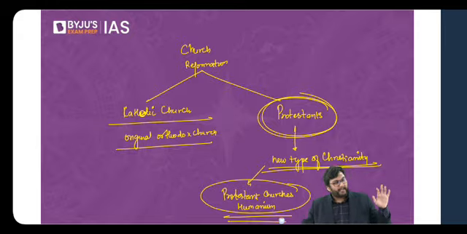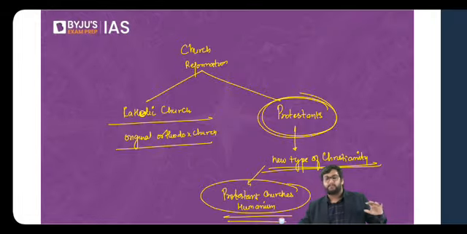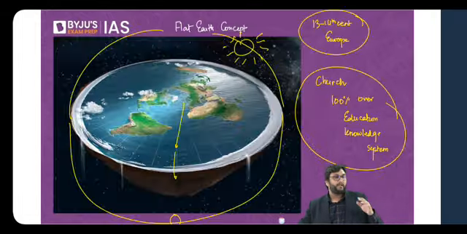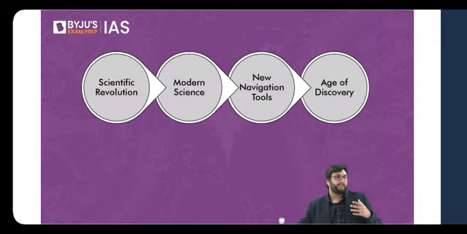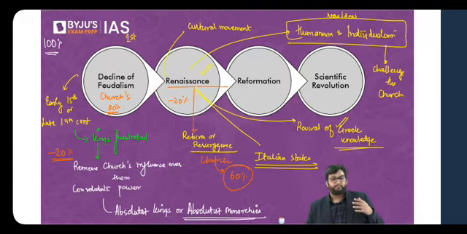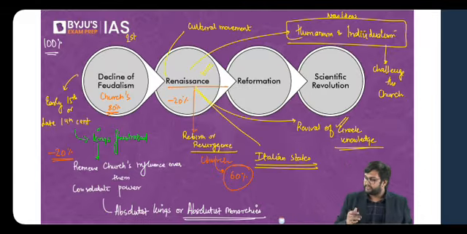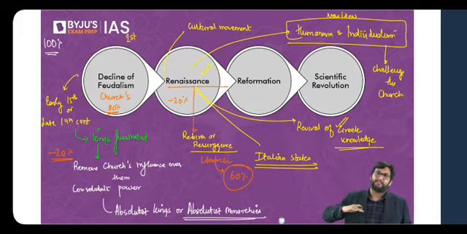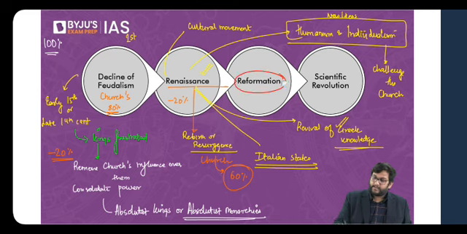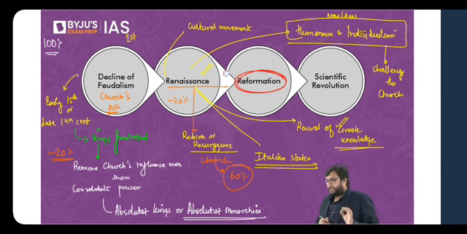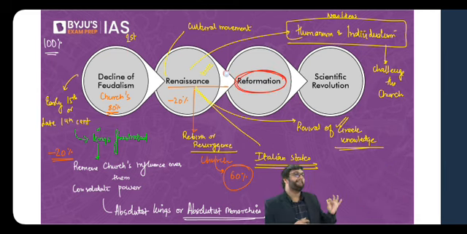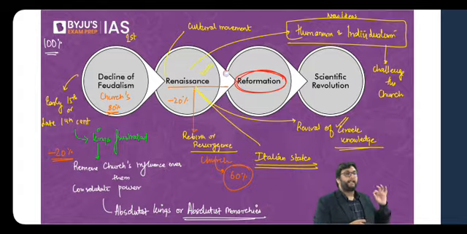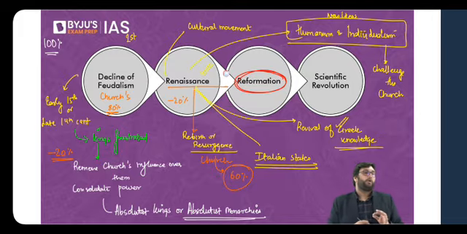Now, there is a much bigger story to Protestantism and Martin Luther. But for our purpose, the Reformation, where the priest is at the grassroots level and the Pope is the leader of all Christians, is single-handedly the biggest blow to the church.